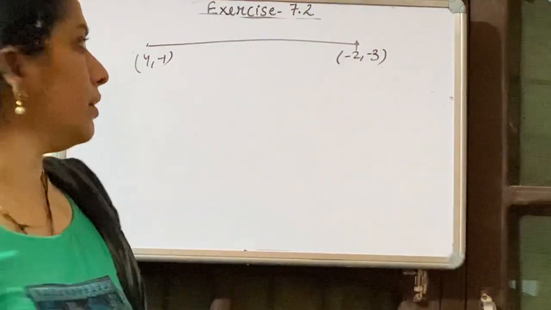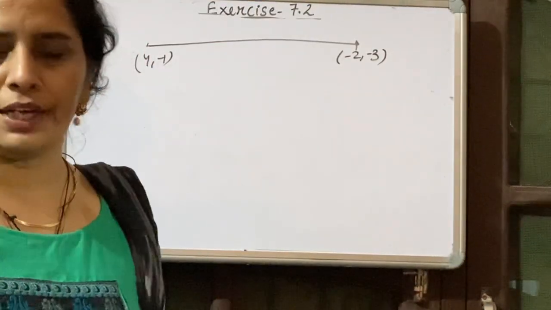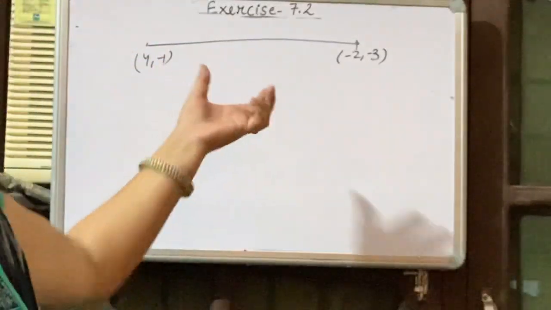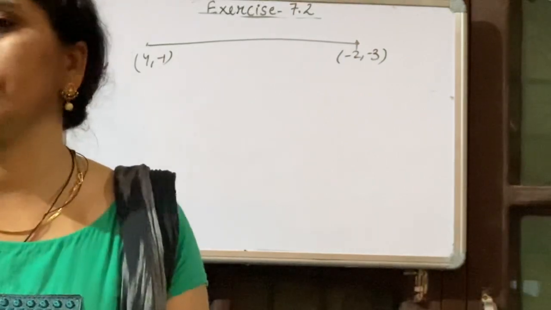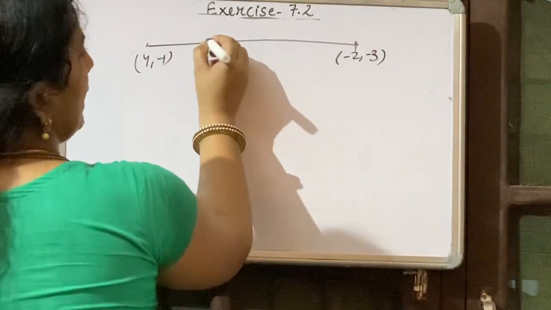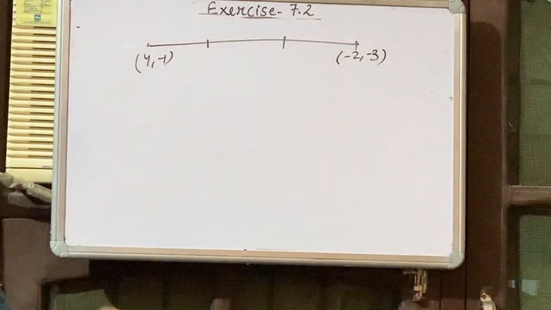And we have to find out the position coordinate of a point which divides this line segment in 3 parts. You are given the word trisection. Trisection means 3 parts.